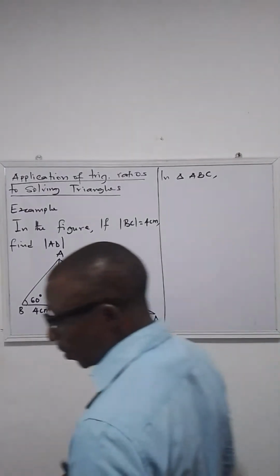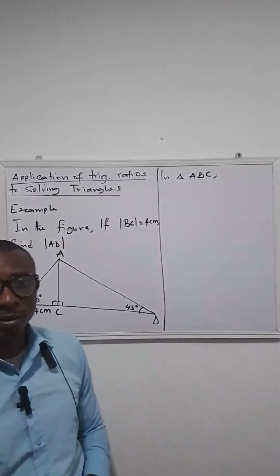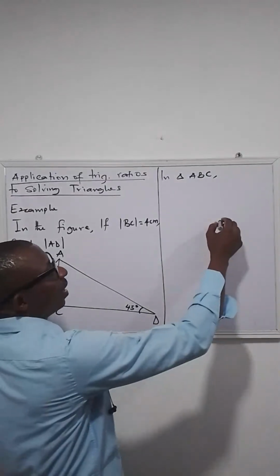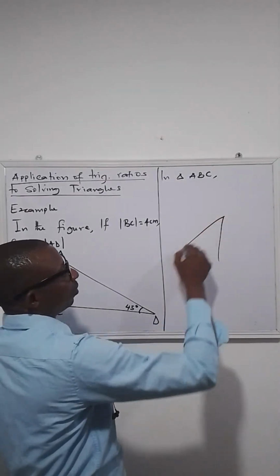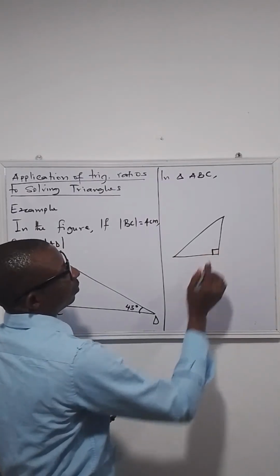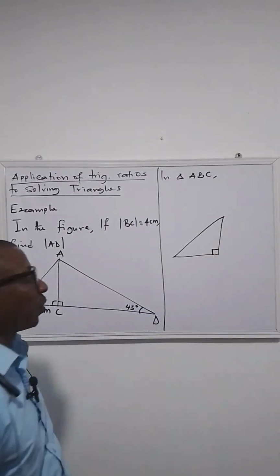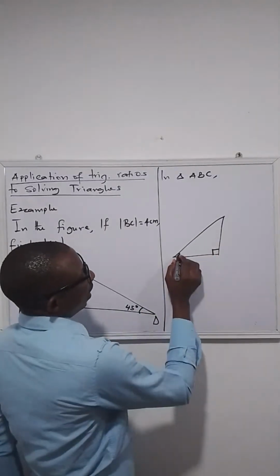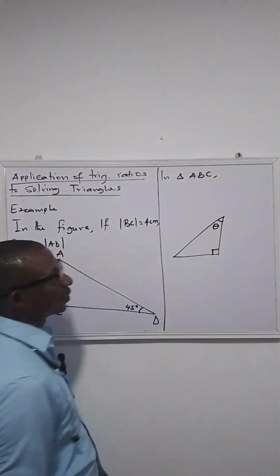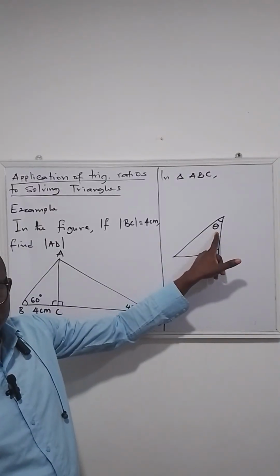All right, now let me work with that. I will just remind us what we did in the last class. Whenever you have a right angle triangle of this form, with angle 90 and an angle given like this, this is what we call the reference angle.